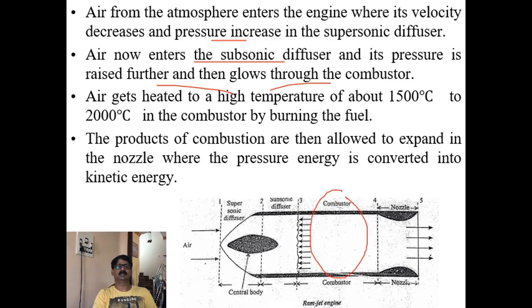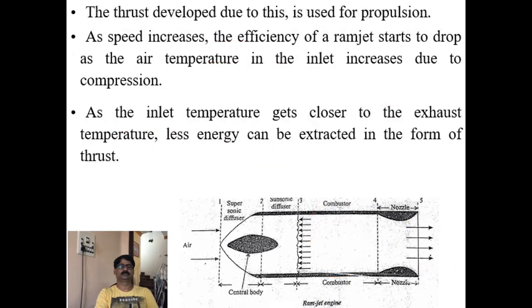Air gets heated to a high temperature of about 1500 to 2000 degrees Celsius in the combustion by burning the fuel, and the products of combustion are then allowed to expand in the nozzle, where the pressure energy is converted to kinetic energy. That means high velocity burnt gases are expelled from the nozzle. The thrust developed due to this is used for the propulsion.